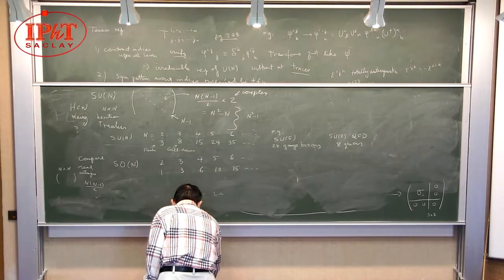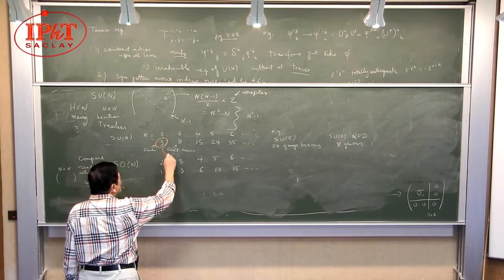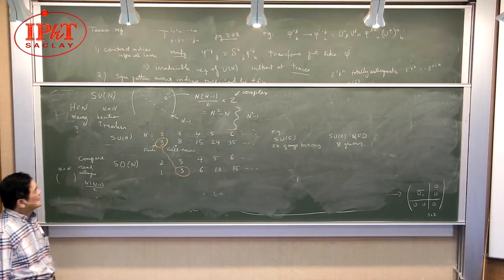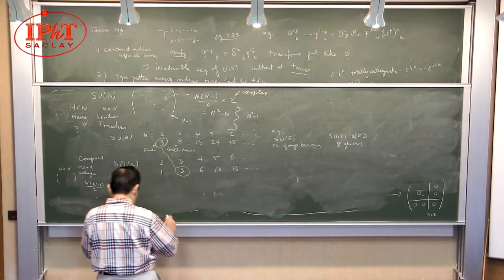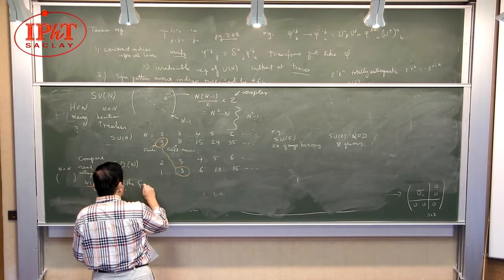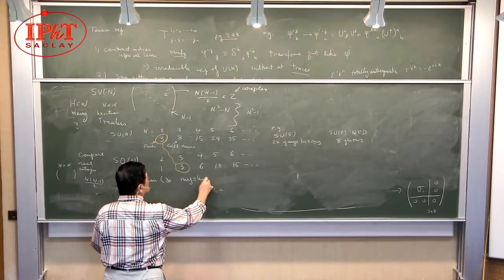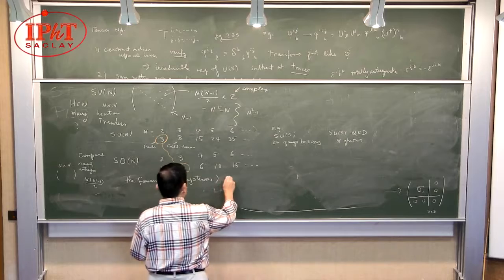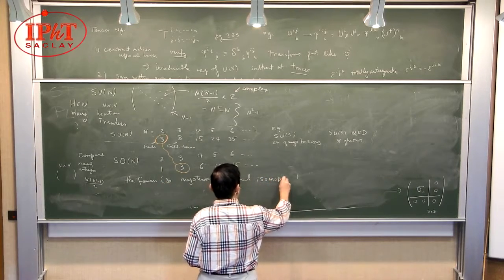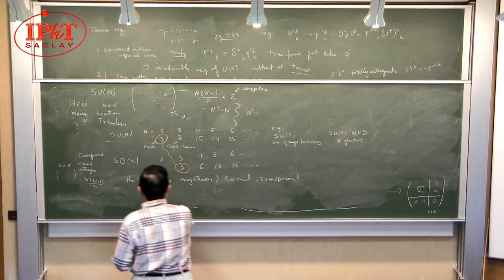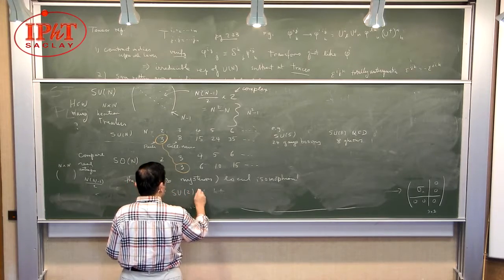Okay, so if you look at this table, you can see that these 3 entries are equal. And so this is the famous and mysterious local isomorphism between SU(2) and SO(3).